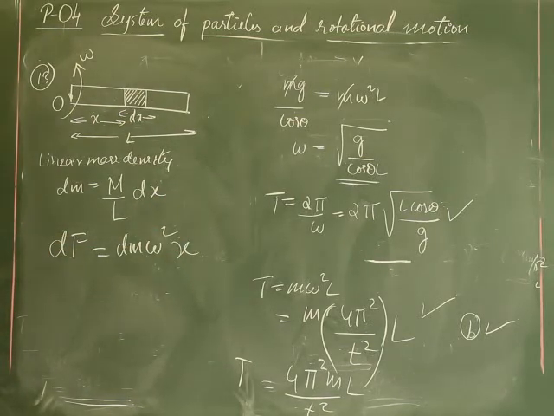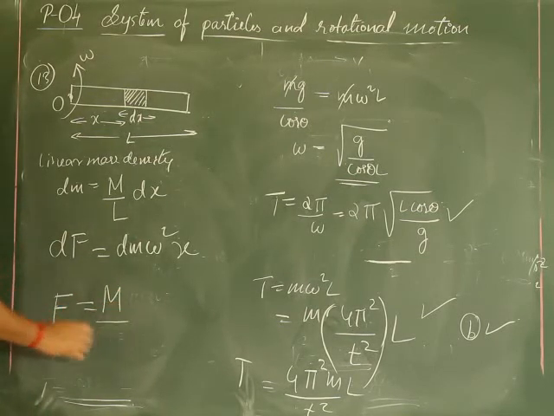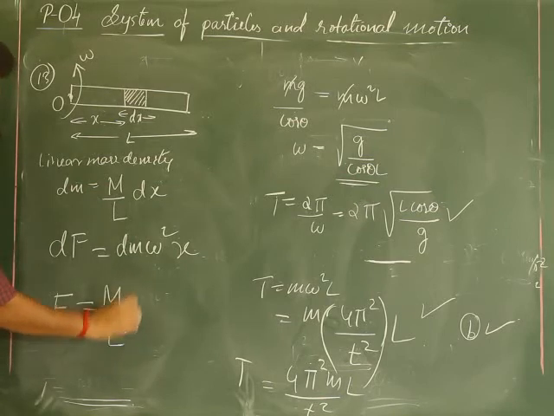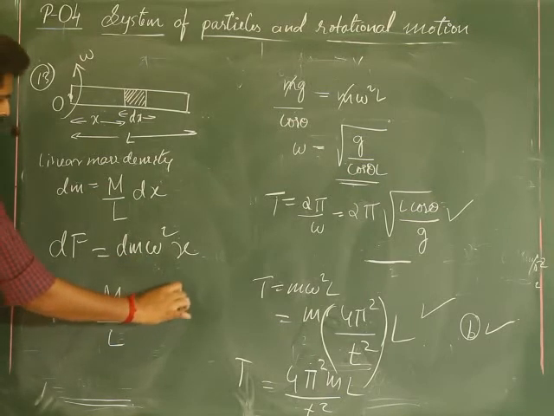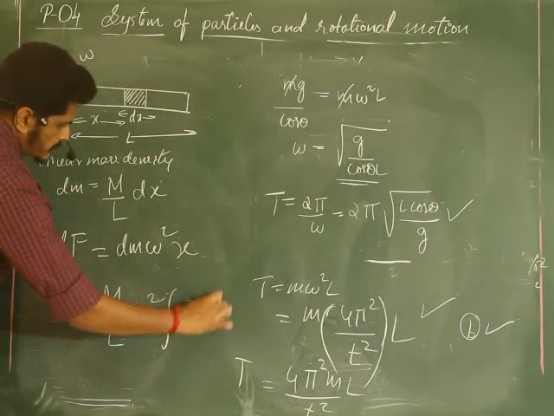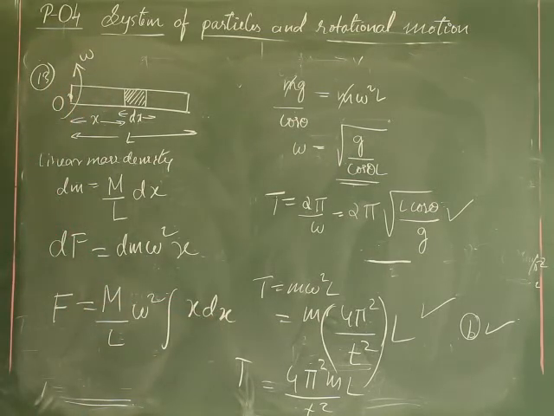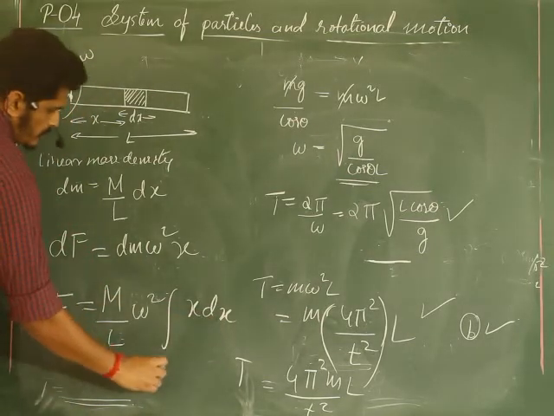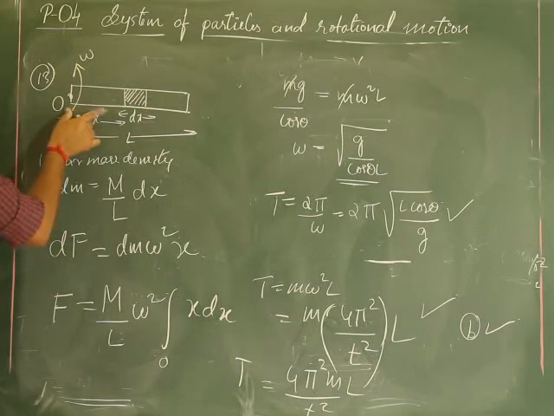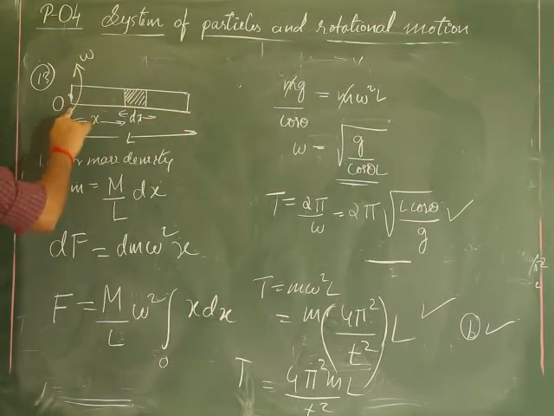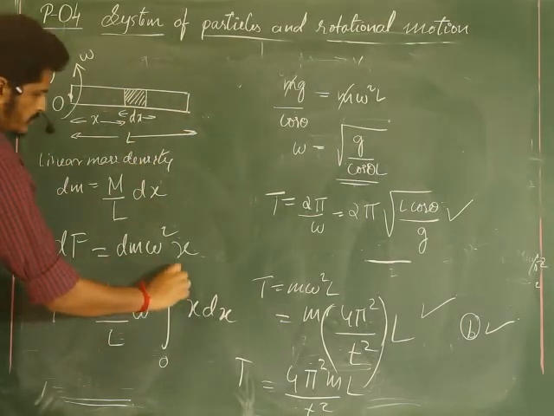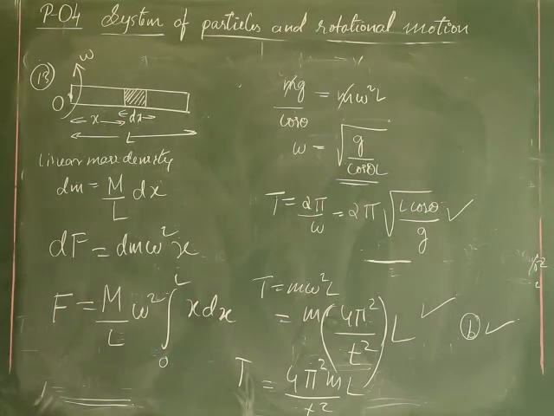Now what I do is I will just go for the integration. So taking this integration means how to understand this very clearly. That is dm. dm means m by l. Omega square is there. Integration of x dx. From where to where? It is only small. From where to where we want? Entire liquid. That means column we want. So it is L I will take.